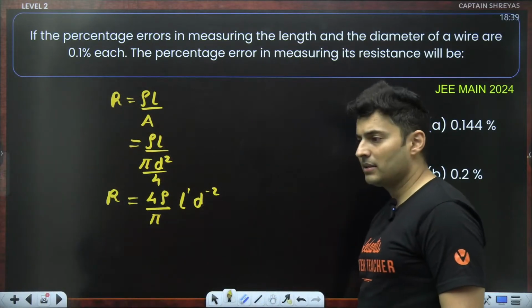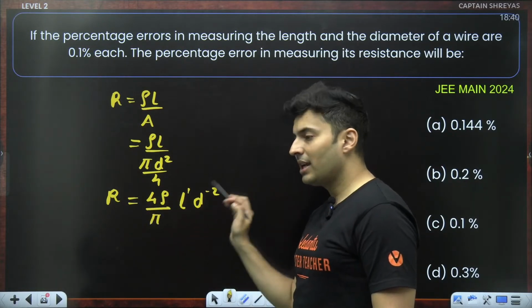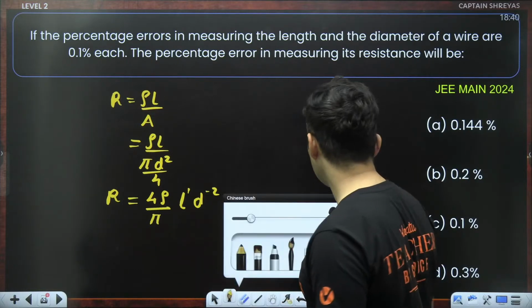Why did I write it like this? Because wherever you want to find errors, you write every physical quantity raised to the suitable powers in the numerator.